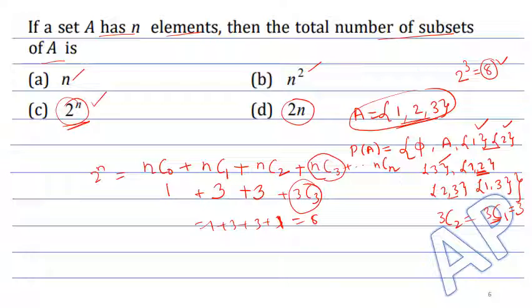ಈಗ suppose if you have been asked to find the number of subsets of a set A containing some 4 elements, 5 elements ಆ ತರ ಕೇಳಿದಾಗ, ಈಗ say number of elements in A is equal to 5.